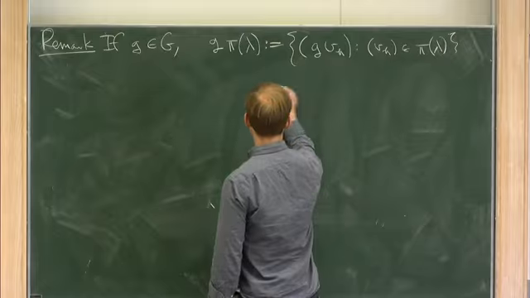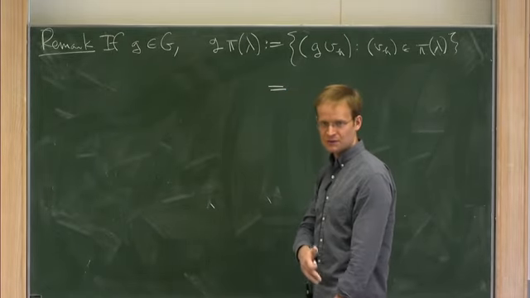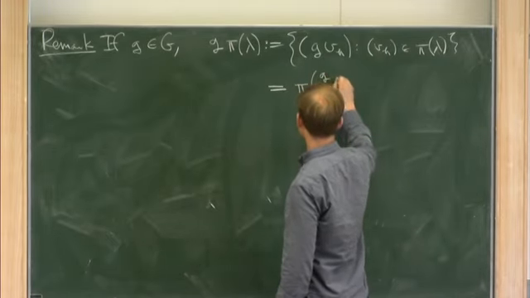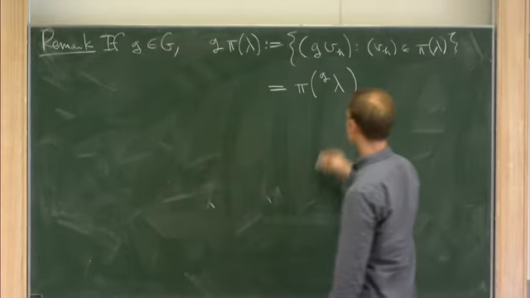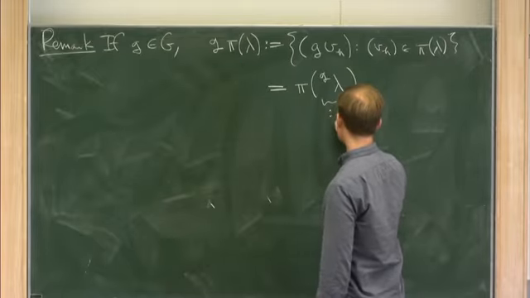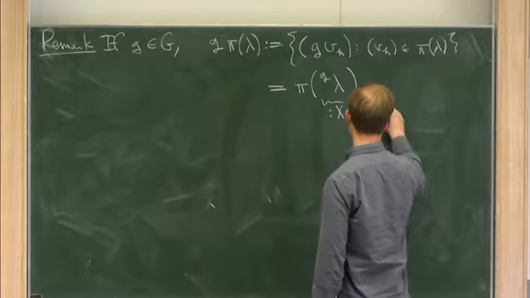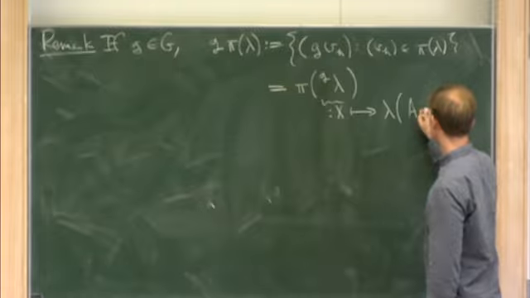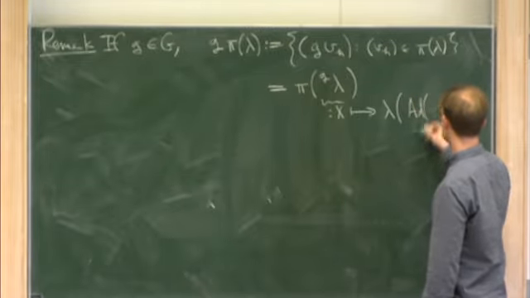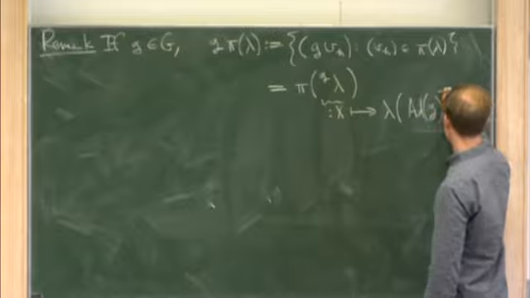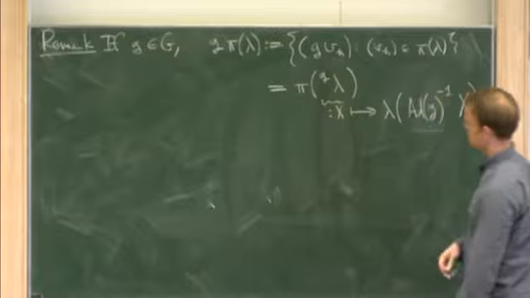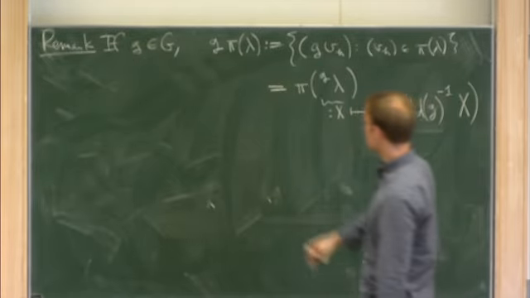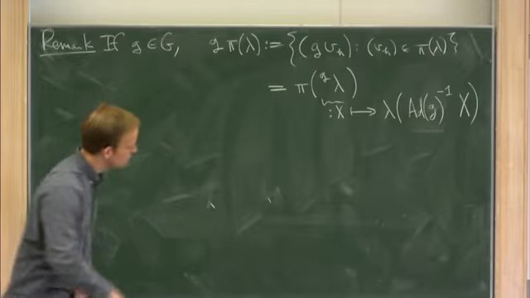So this space, a very easy computation shows, is equal to pi of another lambda, call it g superscript lambda, where this is by definition the functional that sends a tangent vector x to just the adjoint action of g inverse on x. So it's just the coadjoint action on lambda. This is a fairly easy calculation to check.